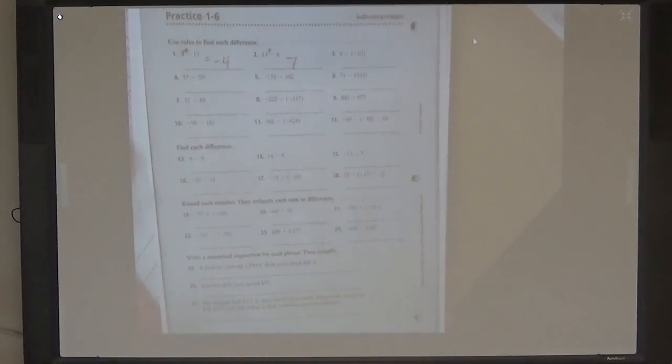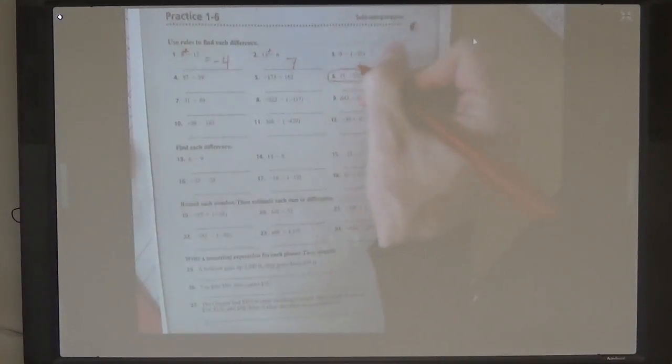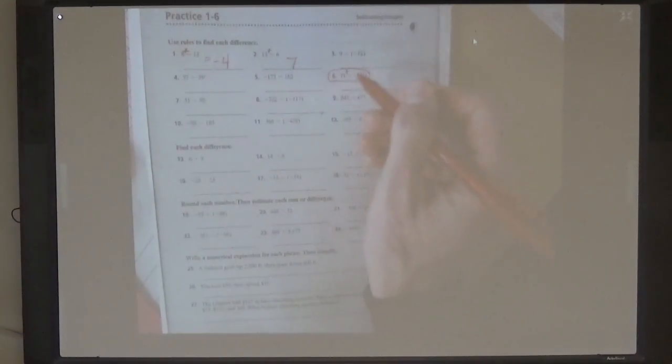Now it becomes really important when you get to ones with bigger numbers in them. Okay? For example, let's do number 6. 71 plus negative 123.